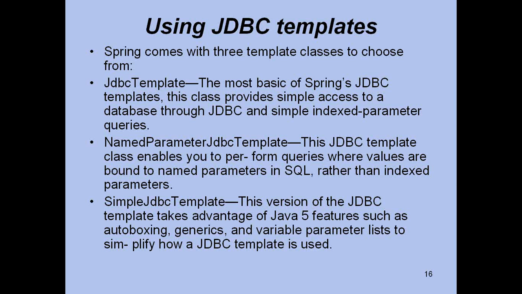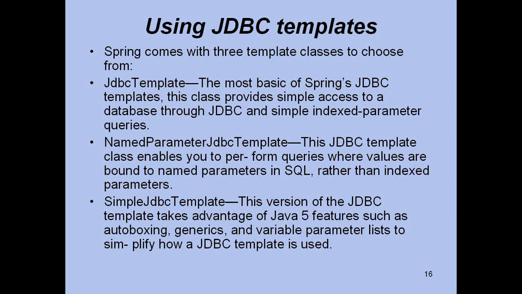The first version, the JDBC template, is the most basic of Spring's JDBC templates. This class provides simple access to a database through JDBC and simple indexed parameter queries. So this doesn't offer you much, but this is the most basic of JDBC templates.